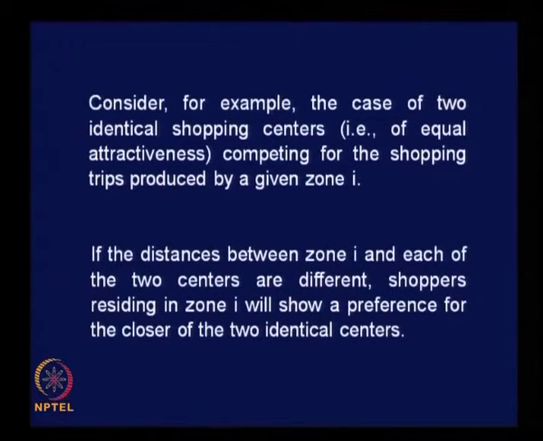If the distances between zone I and each of the two centers are different, shoppers residing in zone I will show a preference for the closer of the two identical centers. That is what I said, okay, right. Attractiveness is same, but distance makes a difference. Shoppers obviously prefer the one which is closer to them. That is how spatial separation comes into play in understanding distribution of trips.